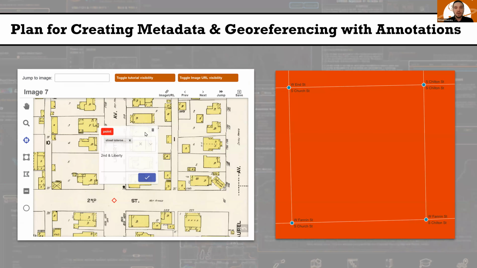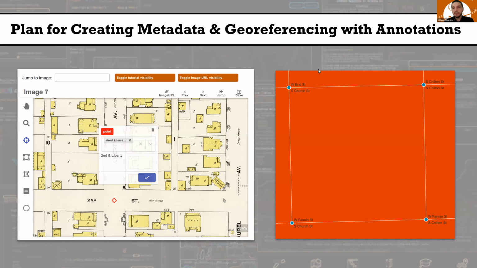So this is a demonstration of what we were starting with in the annotation phase. On the left, you see that I've highlighted an intersection. This is the intersection of 2nd and Liberty Street. I forget exactly what city this was from, unfortunately. But on the right, we have geospatial data. This is census TIGER/Line data for streets in Texas.